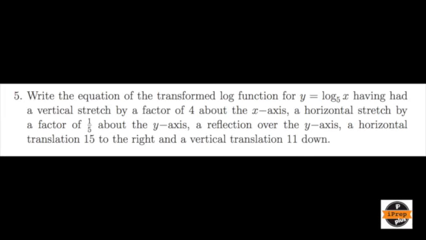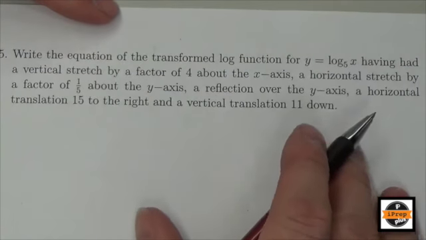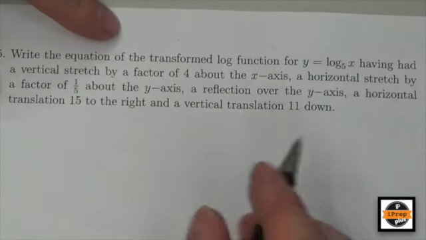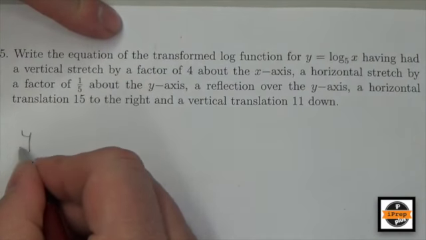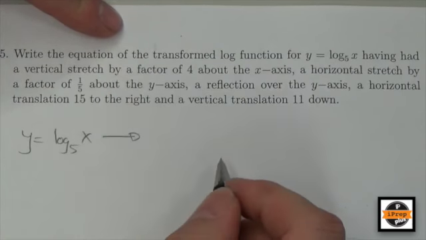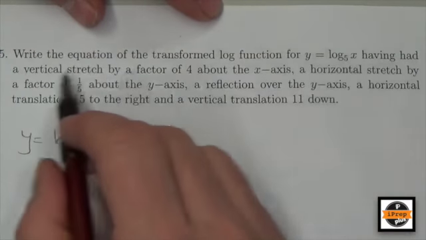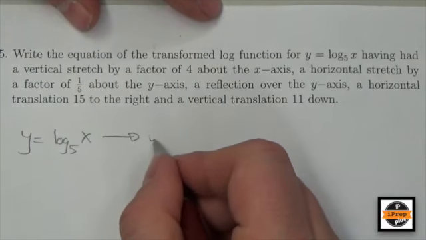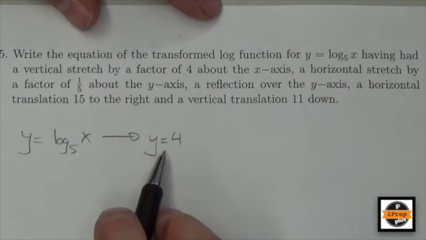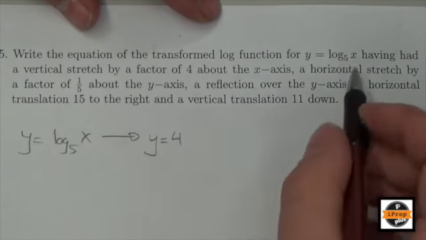Example 5. All right, with this question right here, this is probably the most straightforward out of the set that we've just done. It's the longest question, granted, but all we've got to do here is take y equals the log base 5 of x and transform it using the transformations described here. So, having had a vertical stretch by a factor of 4, I know that means I need to multiply the function by 4. My coefficient out front needs to be a 4.